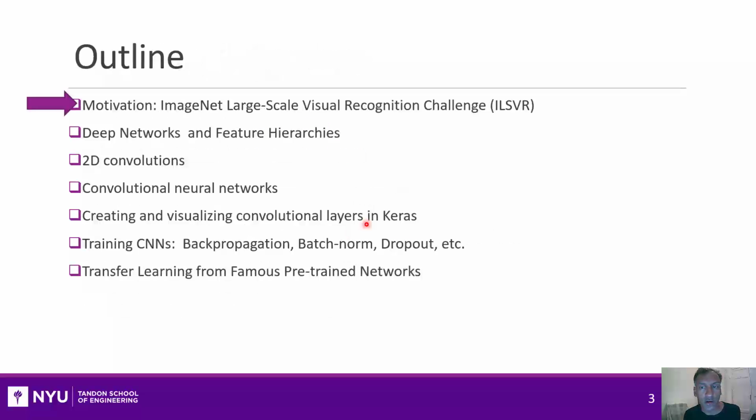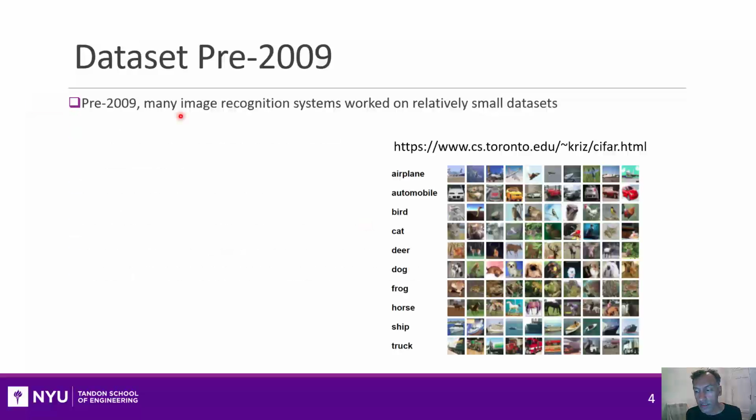So let's just start with a little bit of the history that created deep neural networks. So deep neural networks really started in the field of image classification. And if you looked at image recognition systems that researchers were looking at, say about pre-2009, about a little more than 10 years ago, they were all being validated on relatively small data sets.